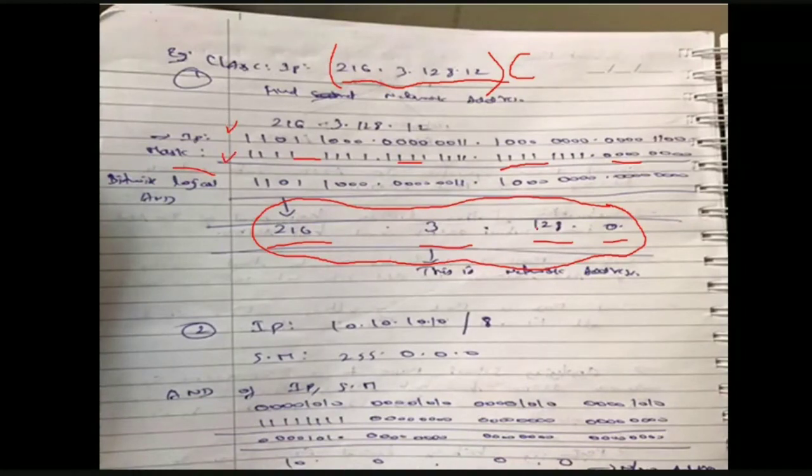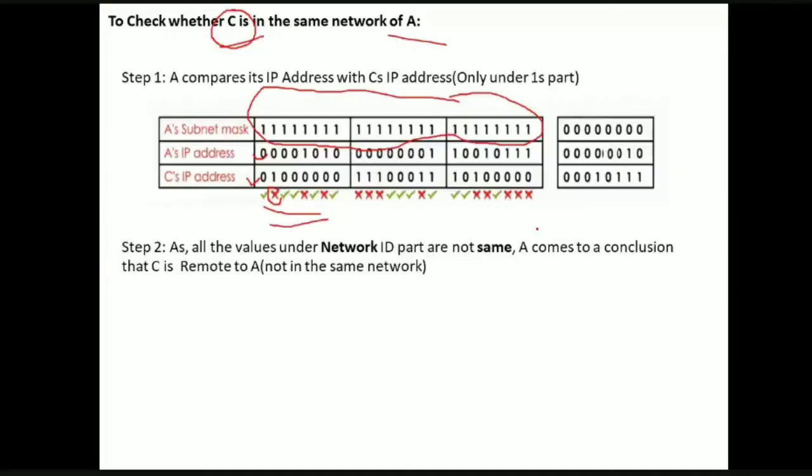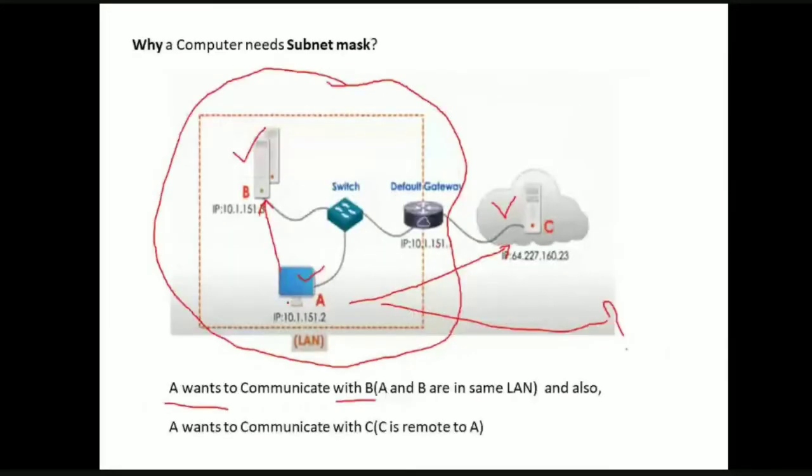Now let us say A's IP address: when we do an AND operation with A's subnet mask, it comes to know that it belongs to the network 10.0.0.0. Now again, B's IP address is ANDed with the subnet mask of A, and here also we get the network address 10.0.0.0.